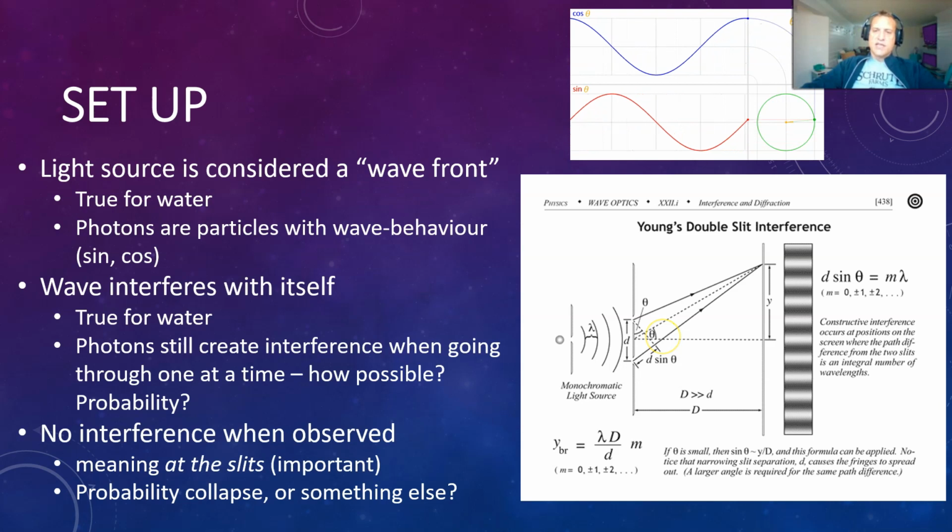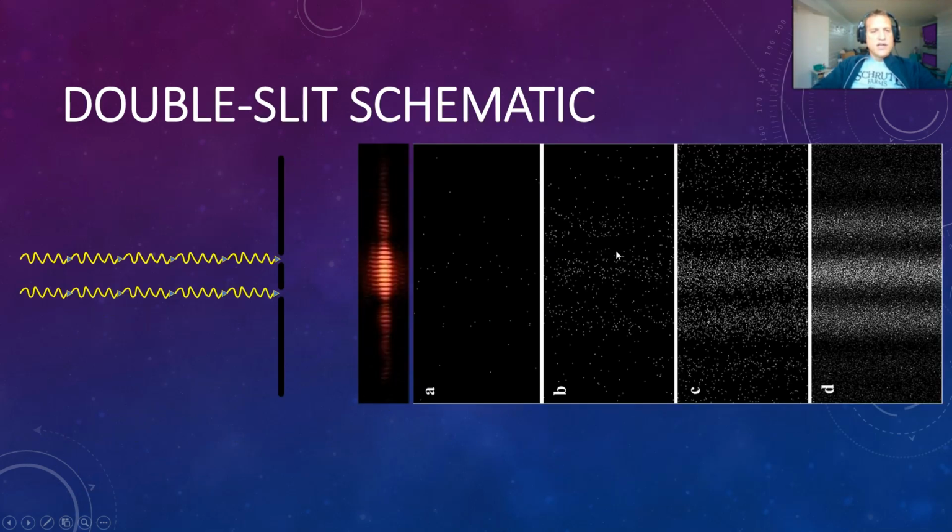Wow, observation seems to get rid of it. It seems to collapse the probability wave, and the probability wave somehow knows that you're observing it. So we're going to solve that problem. They call that probability collapse and other crazy things. But the important point is that the observation is being made at the slits. So we'll get into that.